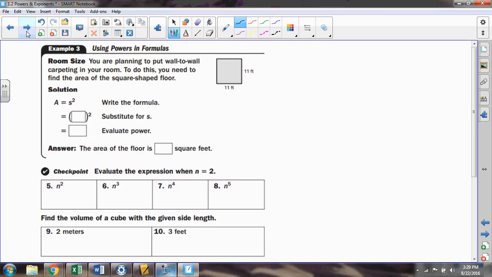So consider here. You want to put carpet into your bedroom, and your bedroom is the shape of a square. How much carpet do you need? Of course, it's based on the side length, but we've already got it written up here. We've got our formula, area equals side squared, because it's a square-shaped room. And so what is the base s?